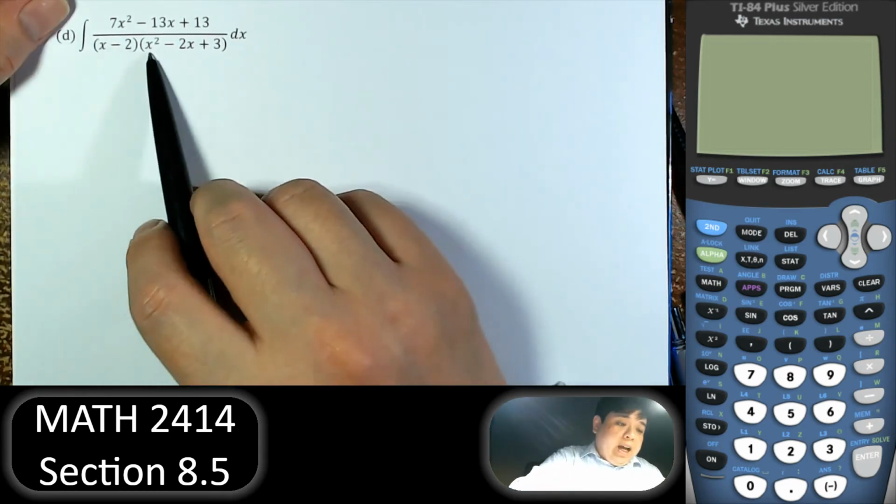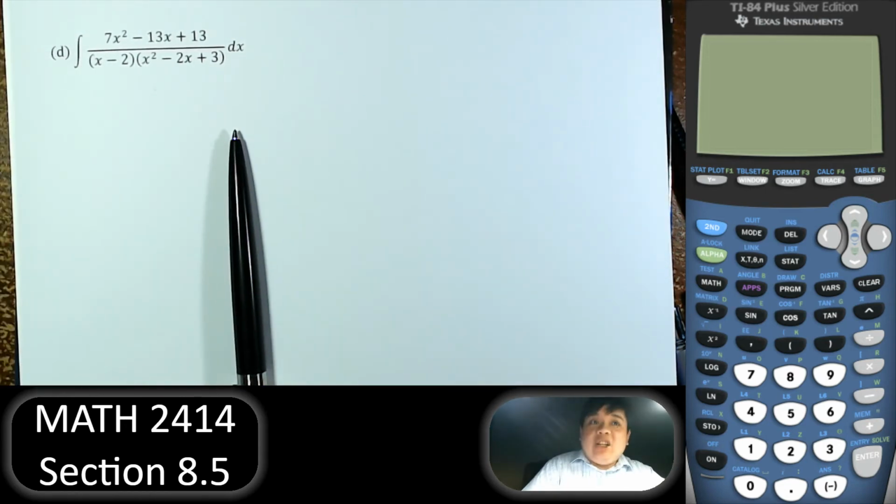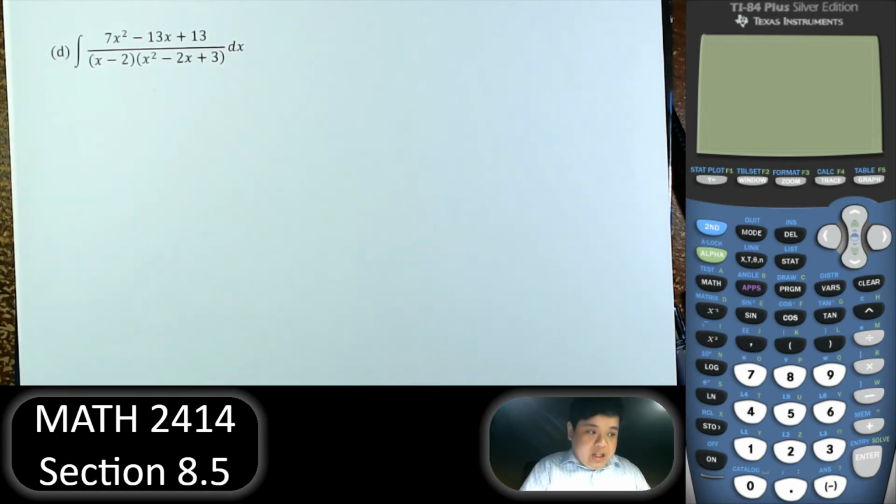First, x squared minus 2x plus 3, is that irreducible? The graph does not intercept the x-axis, so it cannot be factored, so it is irreducible.